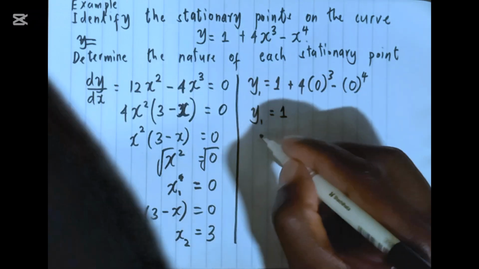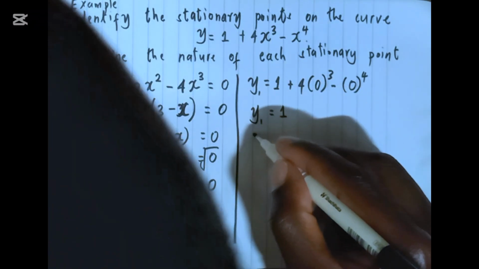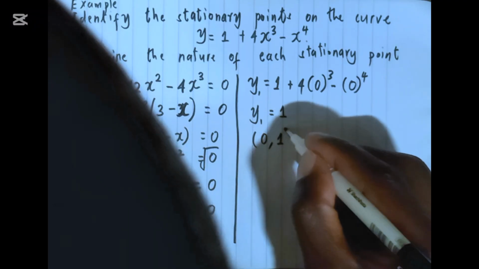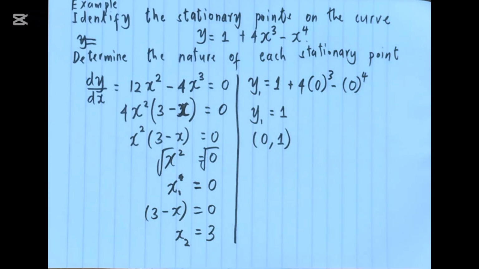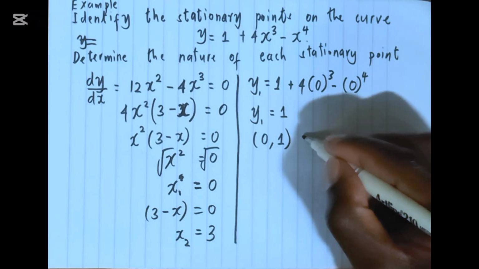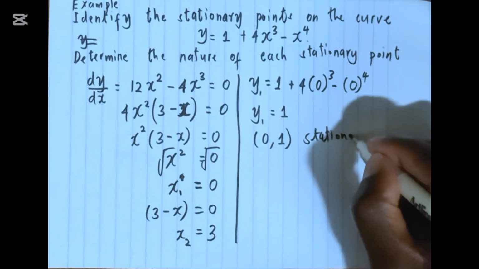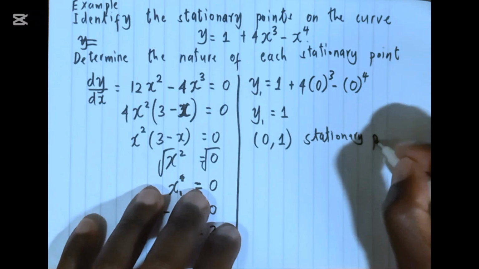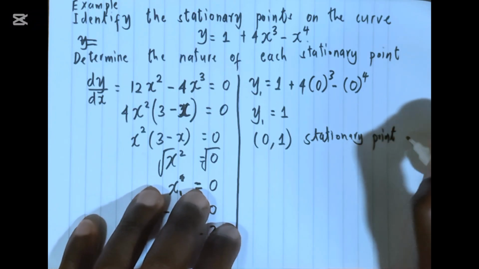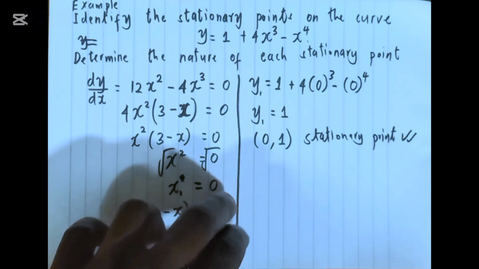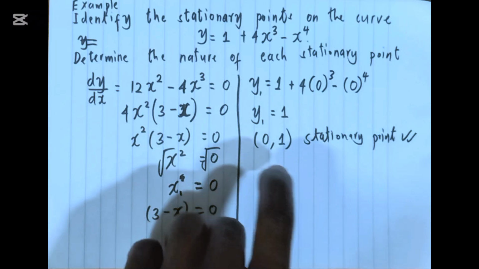So the first stationary point in this particular case will be 0 and 1, for the value x equal to 0. That's going to be our first stationary point, that is 0, 1.